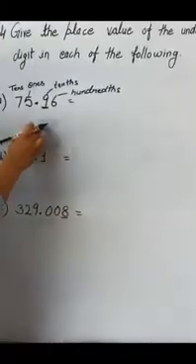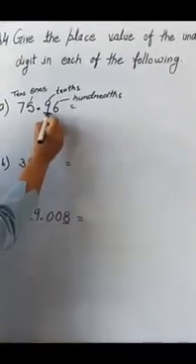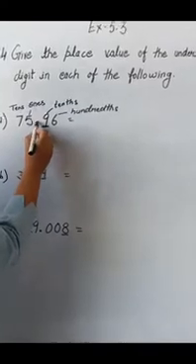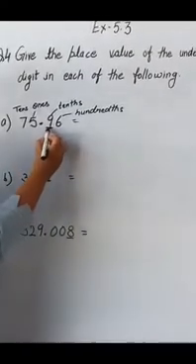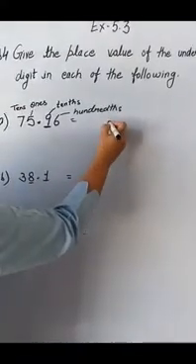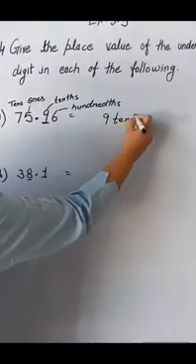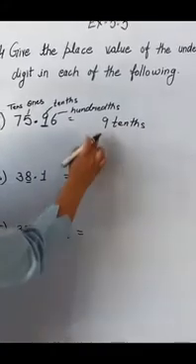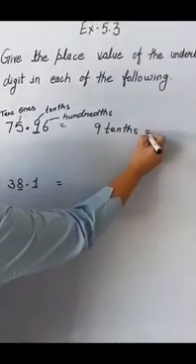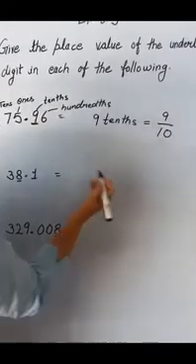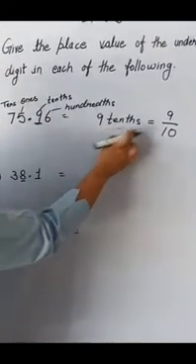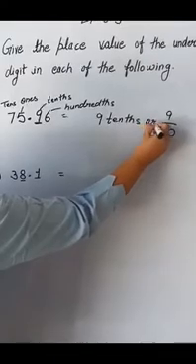But in this question we will write only the underlined digit's place. So after the decimal, the first place of 9 is tenths place. So we will write 9 tenths. 9 tenths is equal to 9 by 10. We can write 9 tenth or 9 by 10.